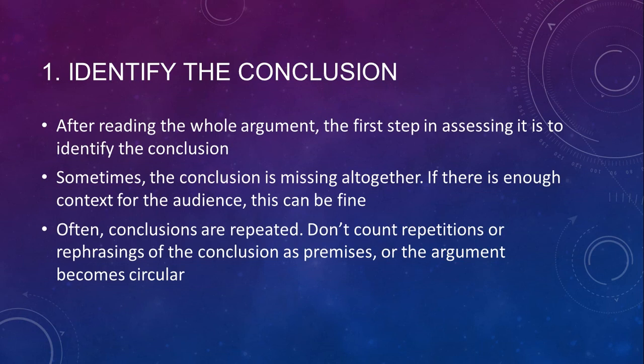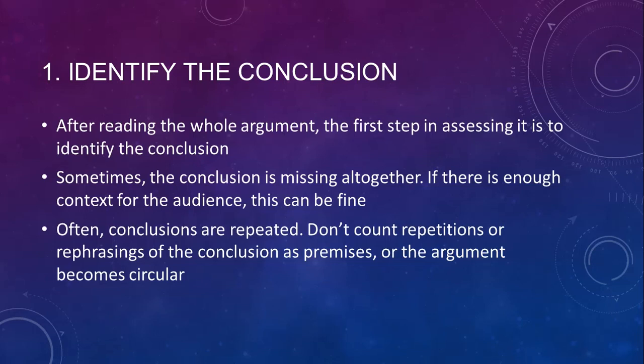If you say you should believe X because X is true, that's a terrible argument. You're imputing to the person a really awful argument that doesn't work at all if you assume that repetitions of the conclusion are themselves premises. So just to be clear and charitable to the arguments that you're reading, don't treat repeated conclusions as independent reasons for the conclusion.